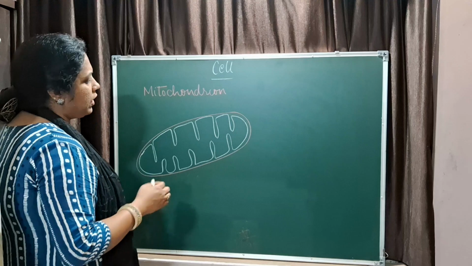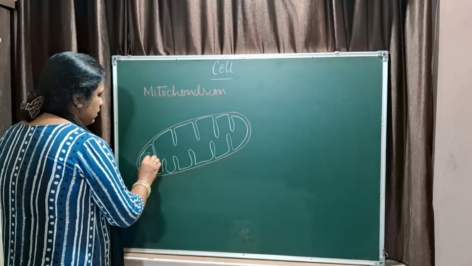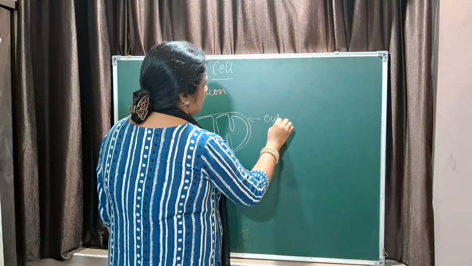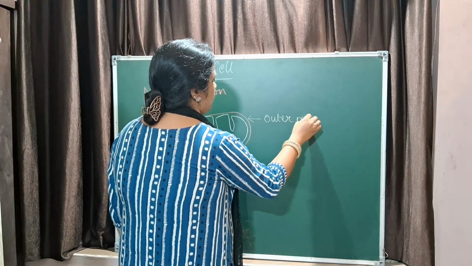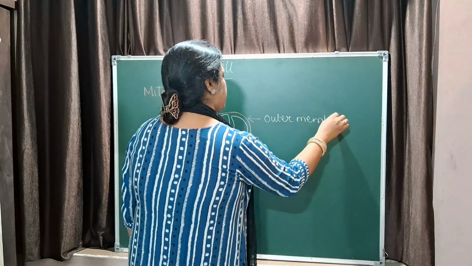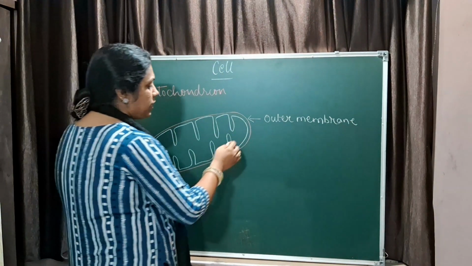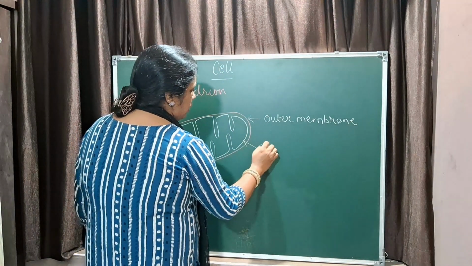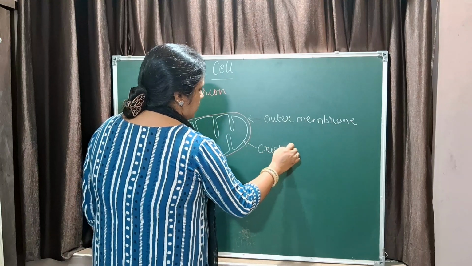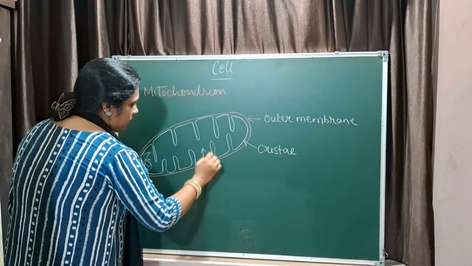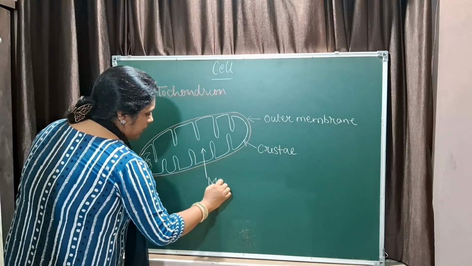Now it has its own DNA. Right. You now label it. It's an outer membrane. What is the inner membrane of mitochondria called? It is called cristae. Then you have the liquid part that is present, that is called the matrix.